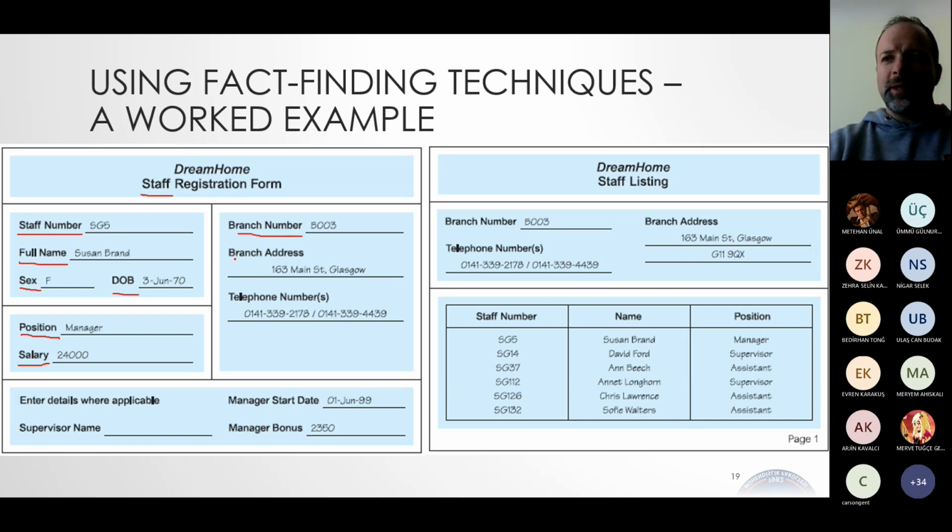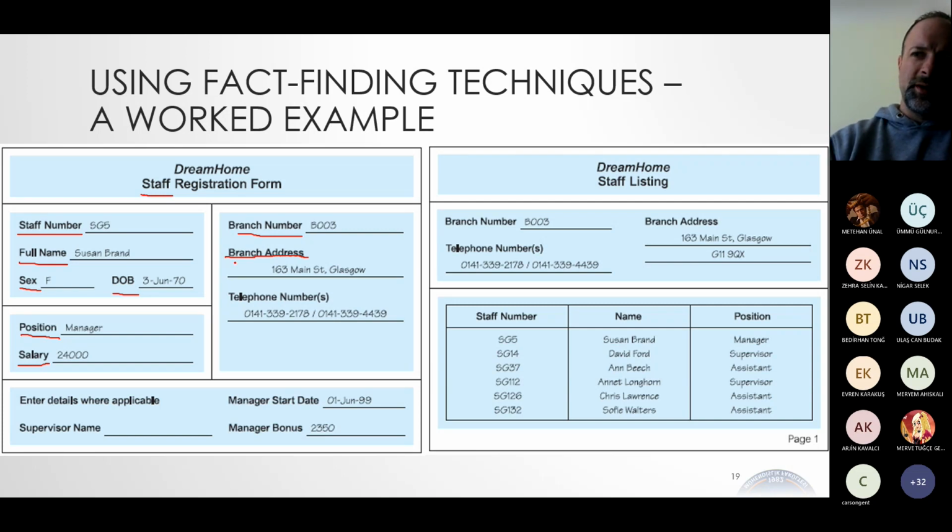Now, we'll get to this. Initially, we might think the branch address is something we can include in the staff table. What we'll see when we start getting into what's called normalization is why it would be best for this branch address to not be in the staff table, but to be in its own separate table.